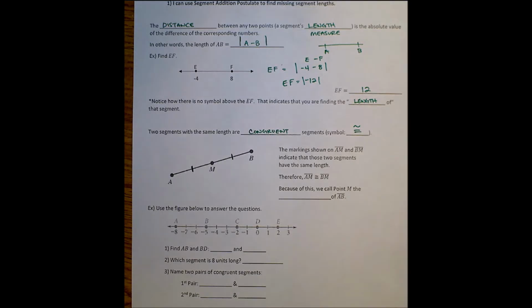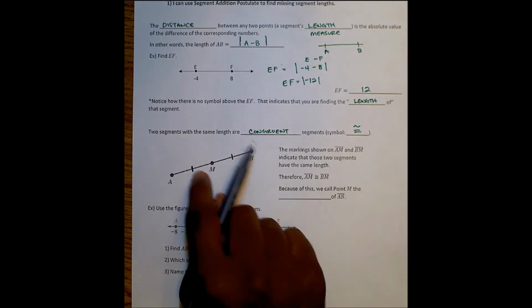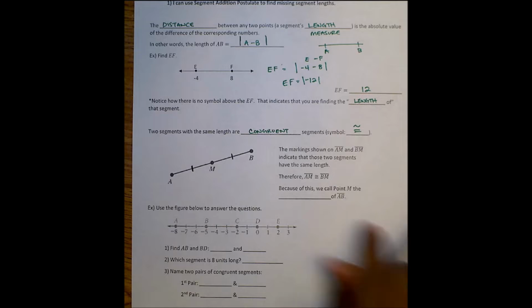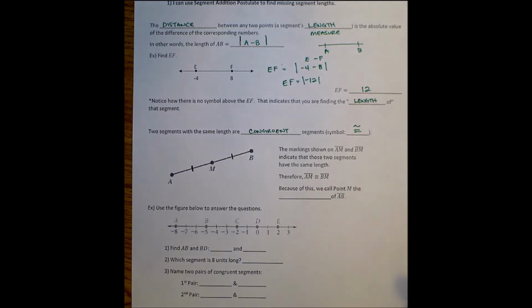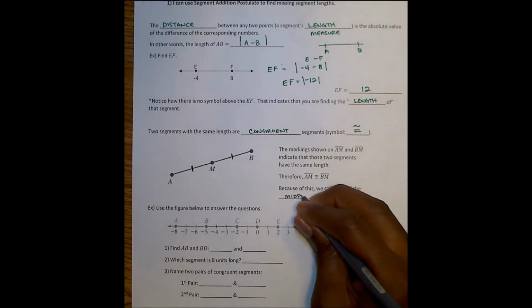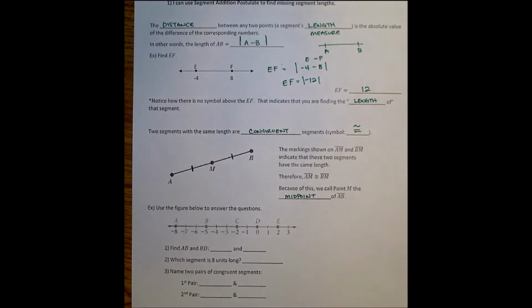Markings shown on AM and BM indicate that these 2 segments have the same length. You see that by the 1 dash there. Therefore we can say that AM is congruent to BM. Because of this, we call the point M the midpoint, because it's the point in the middle of the segment. So note when you get these markings, that means they're congruent.